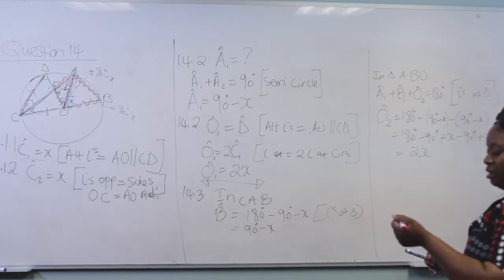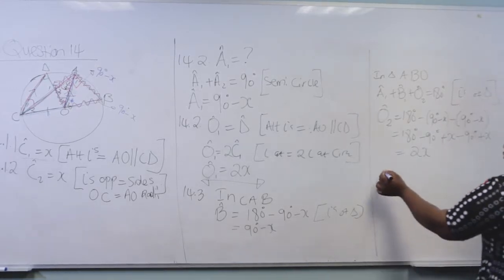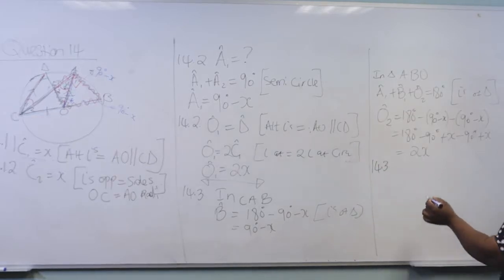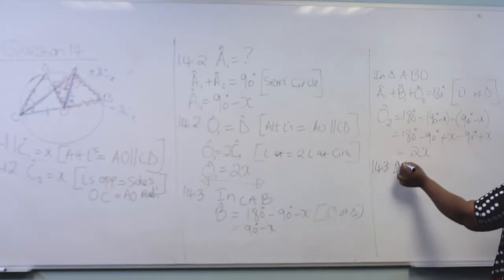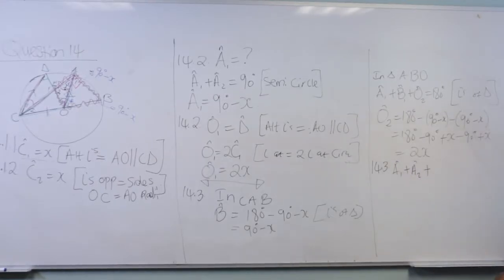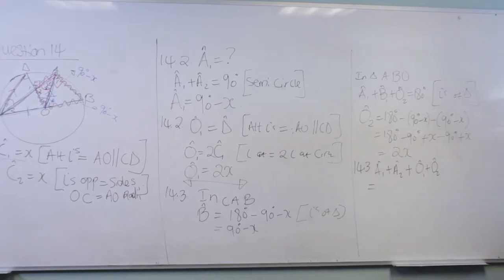So let's see if that can happen. It is 14.3, this question. So in 14.3, we are trying to prove a cyclic quad. So what is A1 plus A2 plus O1 plus O2? What are they giving me? That's what I'm looking for. But I'm aiming for them to give me 180.